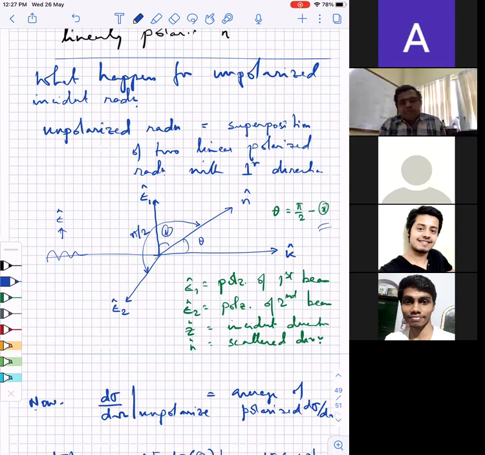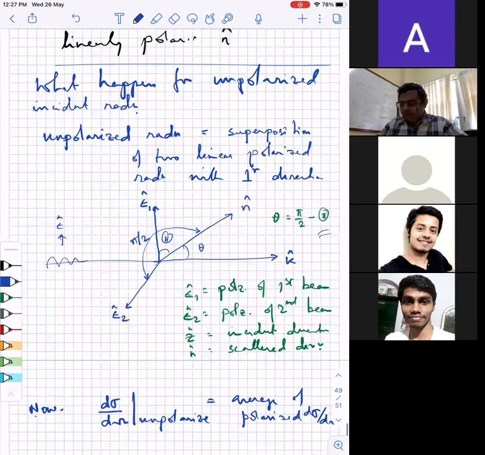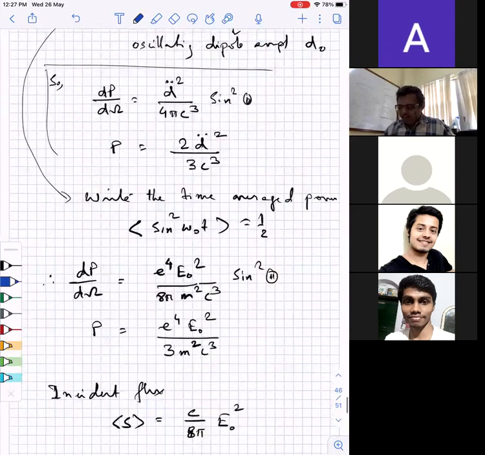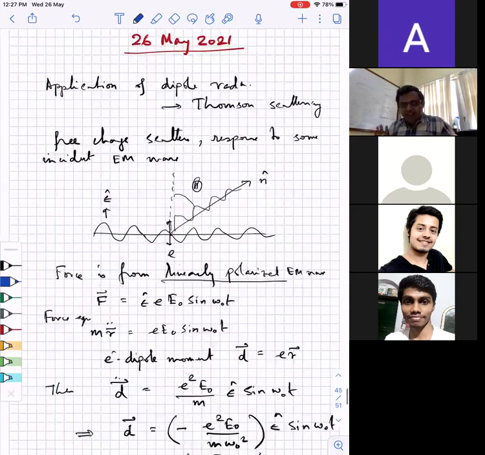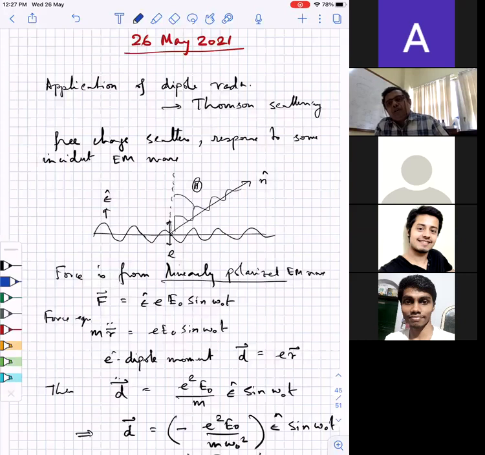No, go back to the previous thing over here. This is simple, this is linear polarized. Think in terms of how, when this radiation goes, what is the direction of your E?